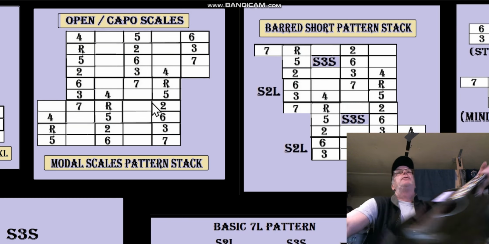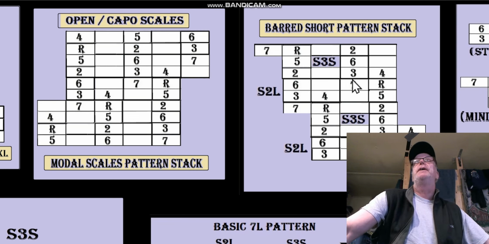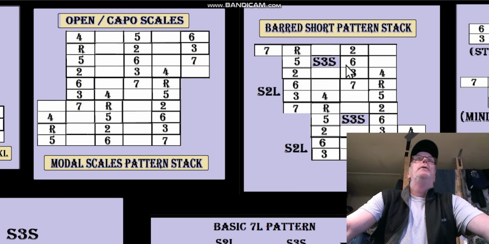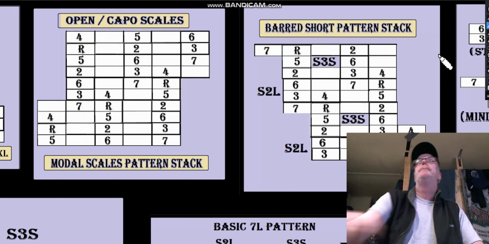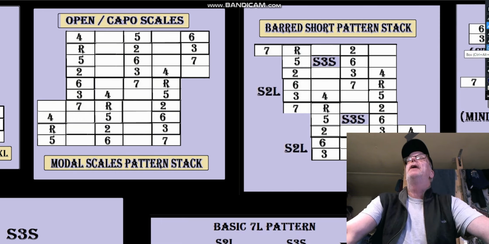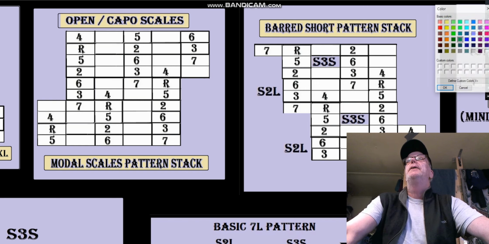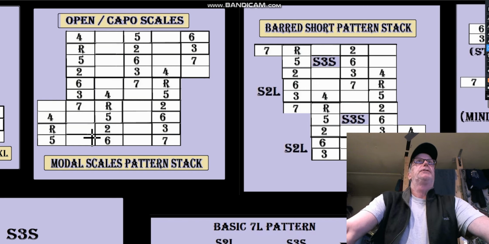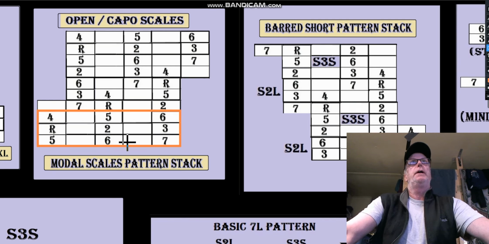And then I finally realized that the S3XL, which we can draw again, but let's get a good color. Let's go back to one of the bright colors here. The S3XL, okay, is here. We can actually exploit these long whole note patterns with a half note in between.